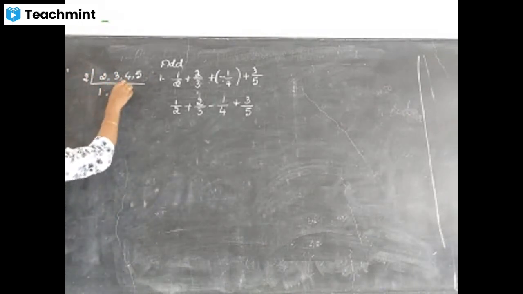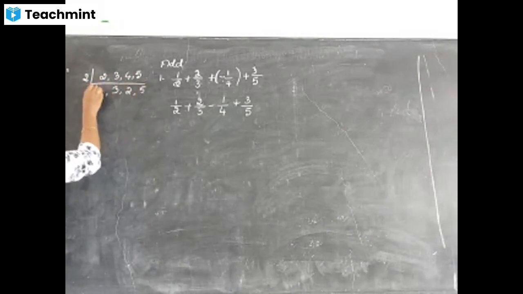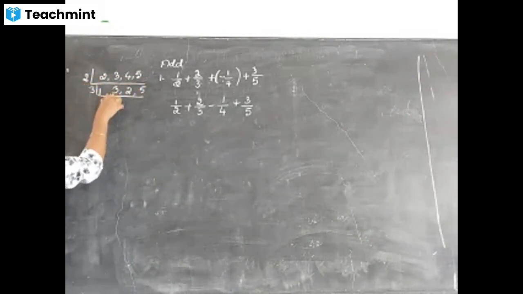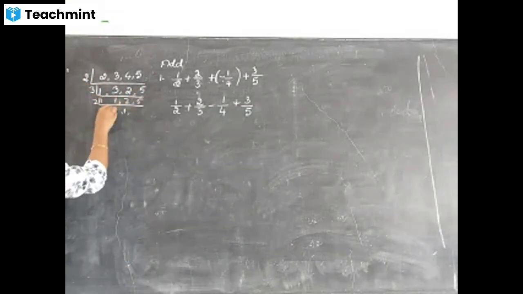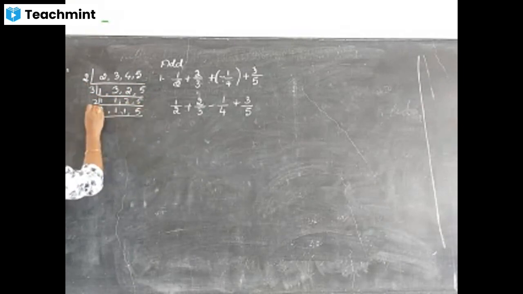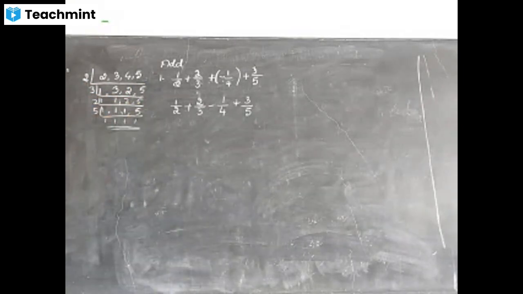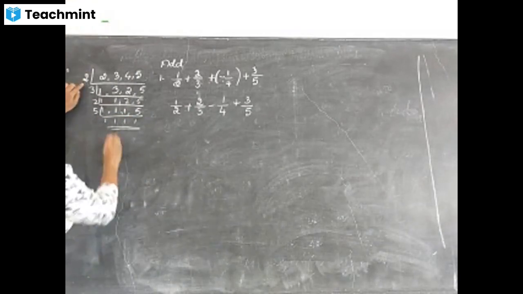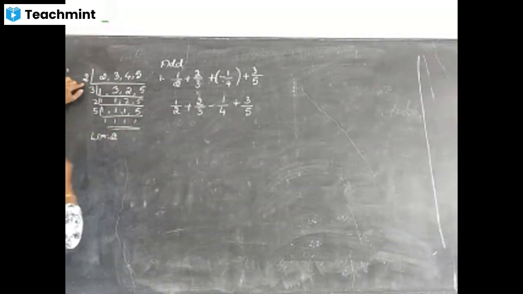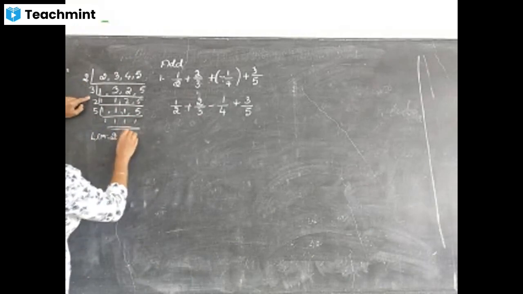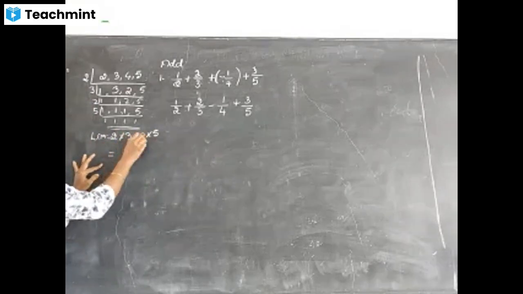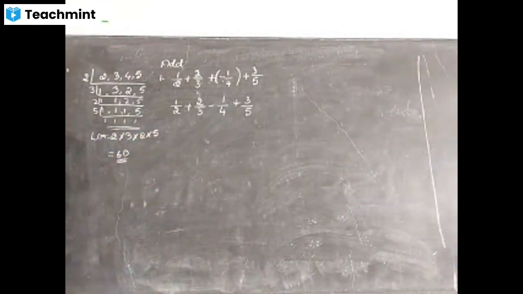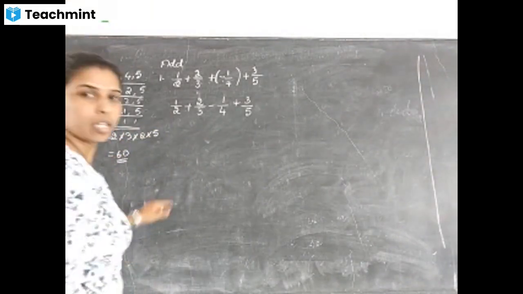The 2 and 4 go, 3 will not go, 5 will not go. Now multiply: 2 into 3 into 2 into 5. 2 threes are 6, 6 twos are 12, 12 fives are 60. 60 is the LCM.